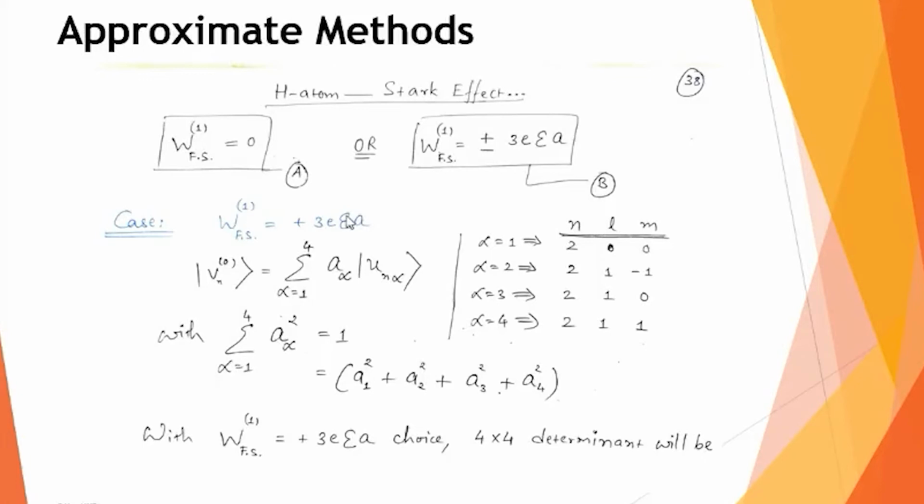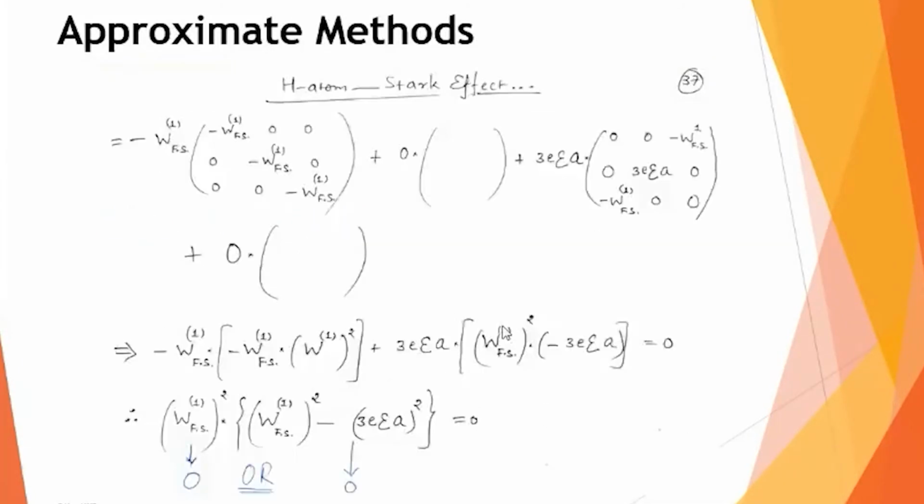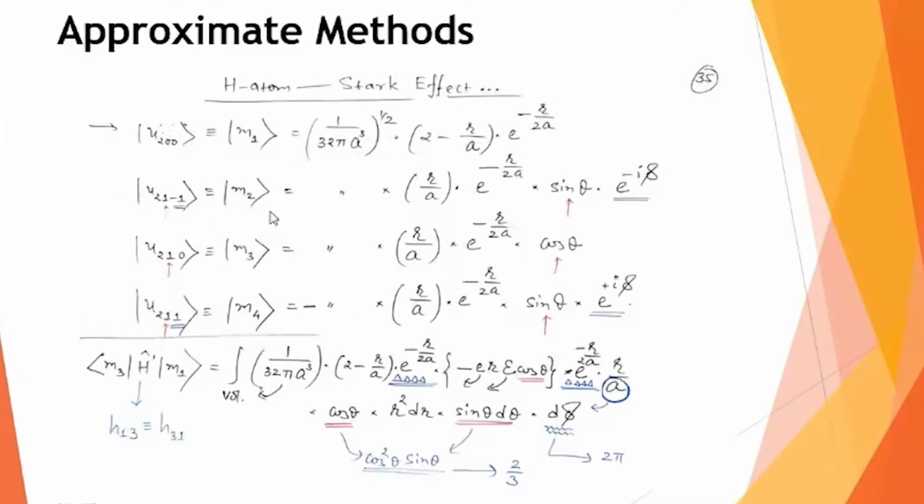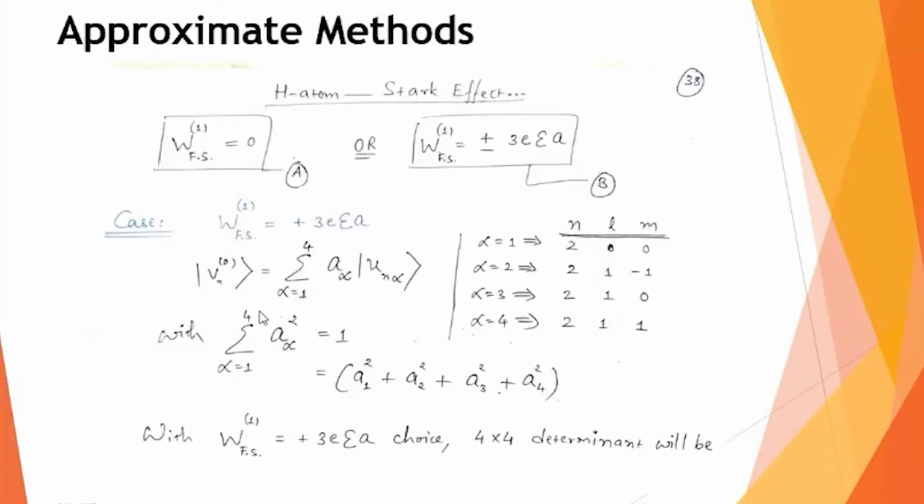And using this possibility, now I try to write the expression for the first order correction to the state function expanded in terms of this basis. Correct? Here alpha goes as 1, 2, 3, 4, something like what we have as M1, M2, M3, 4. Here this M1 or alpha 1 means it is the possibility 2, 0, 0. When alpha is 2 it means 2, 1, minus 1. When alpha is 3, it is 2, 1, 0, and so on and so forth.